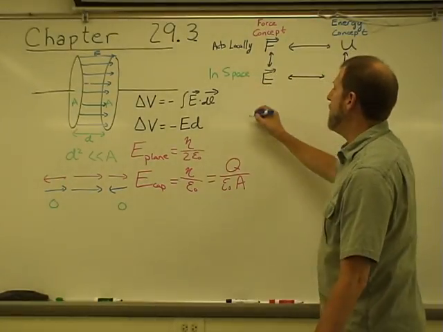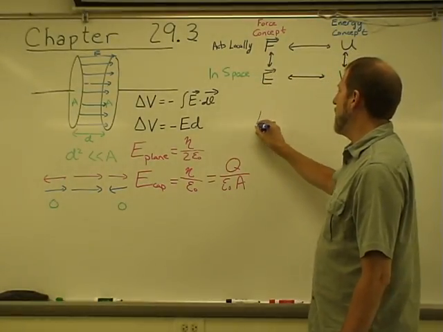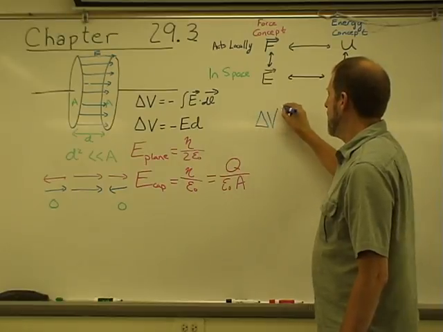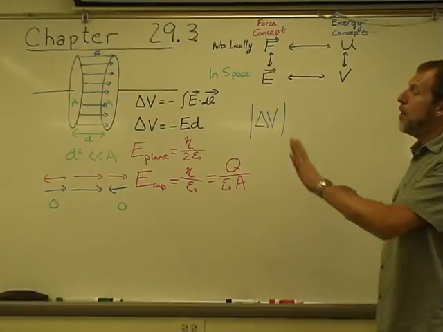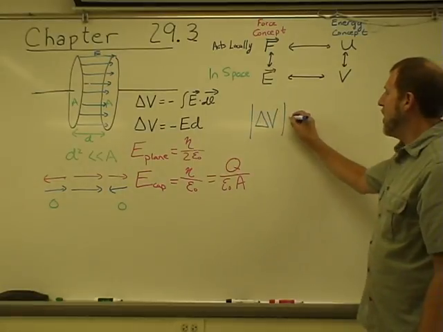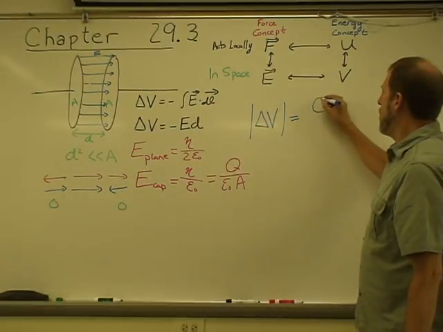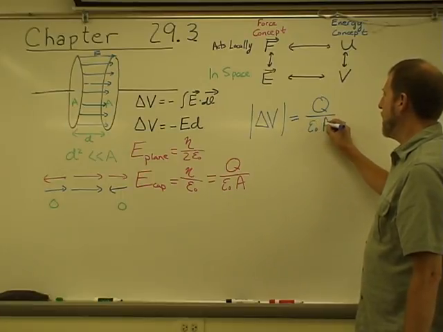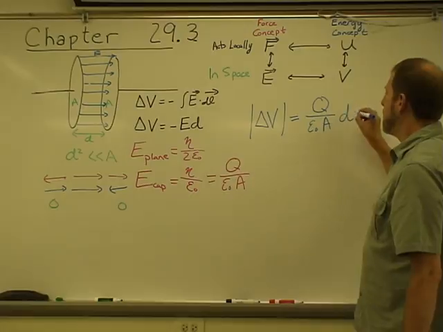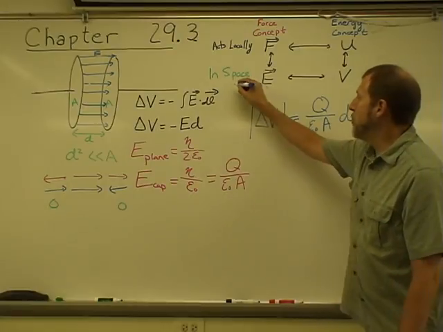And I can combine these together to say that the magnitude of the change in electric potential between the two plates is equal to the electric field, the total charge, over epsilon naught times A, times d, the separation between the plates.